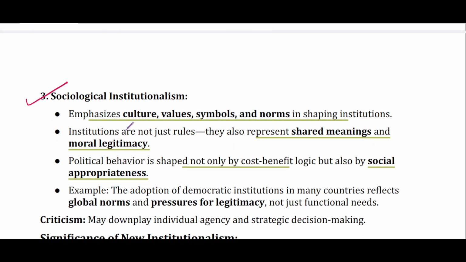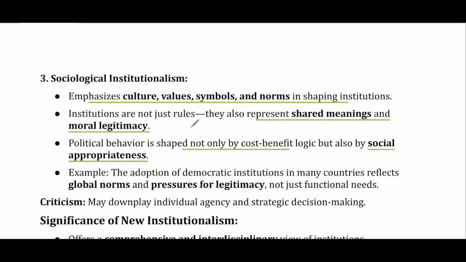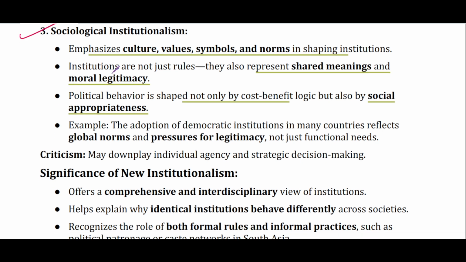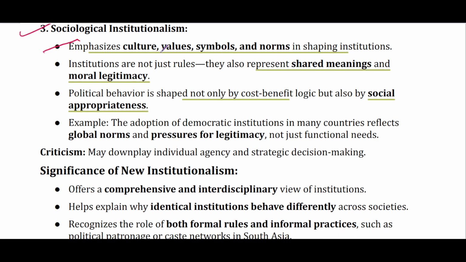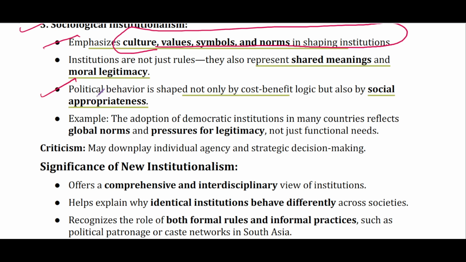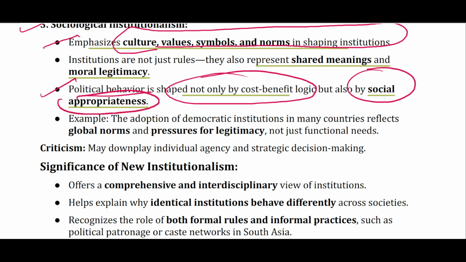The third type is sociological institutionalism. This kind of institutionalism emphasizes culture, values, symbols, and norms in shaping institutions. So here political behavior is shaped not only by cost-benefit logic but also by social appropriateness.